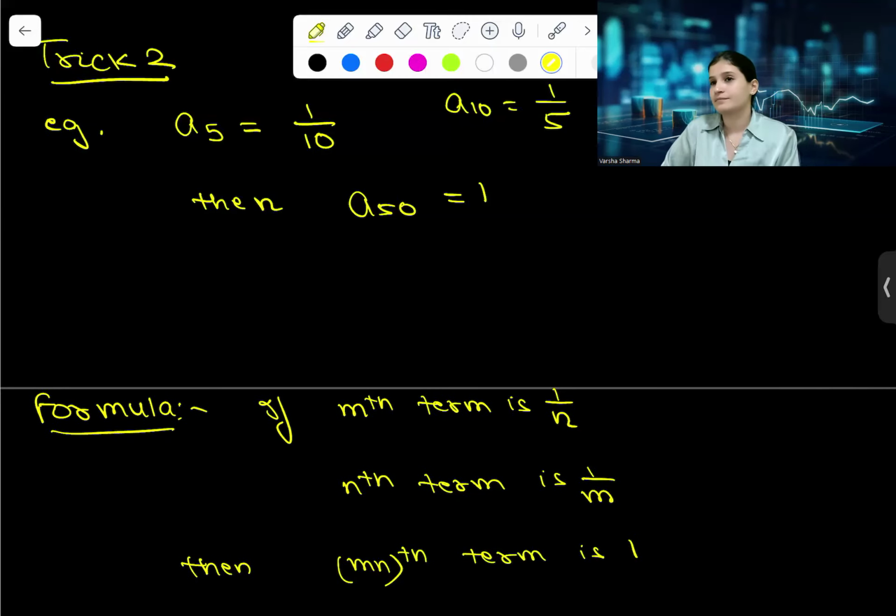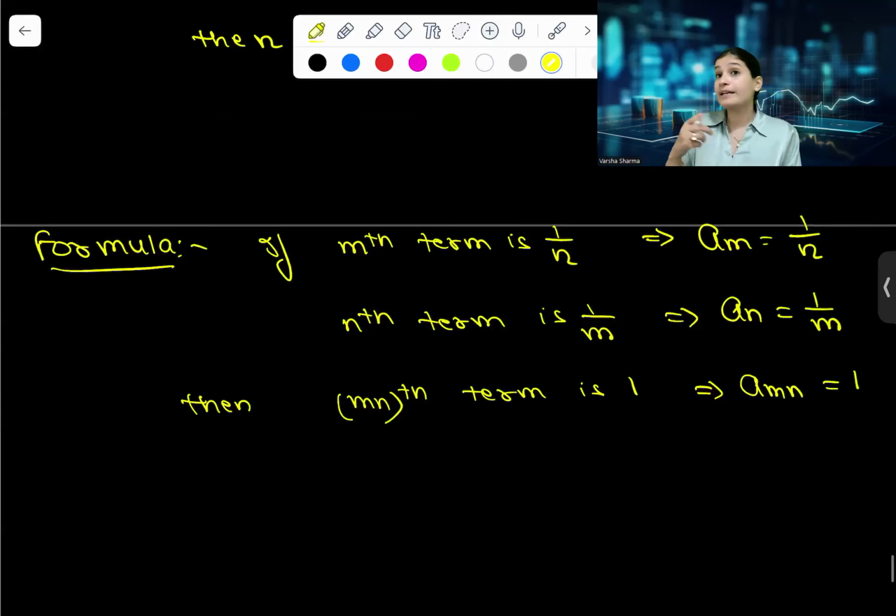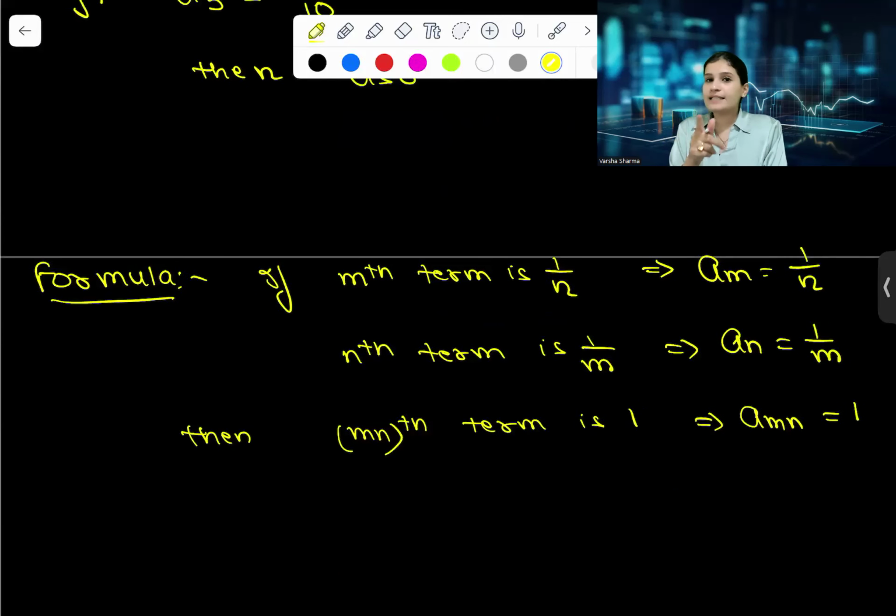So the mth term means am, the nth term means an, and the mnth term is amn. Did you all understand? Because it will be written in the statement, the notations we need to write on our own. Is this clear, guys? Yes, ma'am. Prove this. Same: two equations, subtract, find a and d, and then put the values.